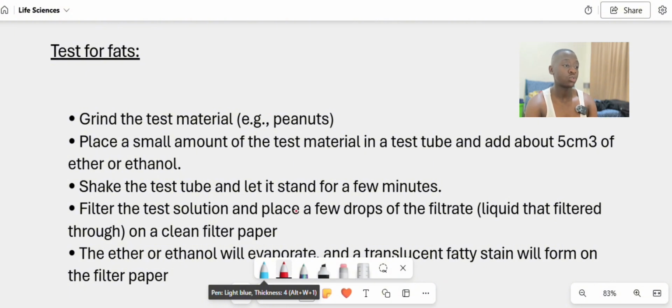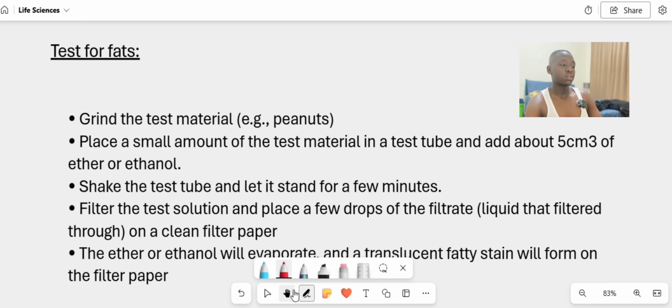Filter the test solution and place a few drops of the filtrate on a clean filter paper. The ethanol evaporates and a transparent fatty stain will form on the paper. If the sample consists of fats or lipids, it will leave a stain on that specific filter paper. So the solution that is used to check for fats is ethanol.